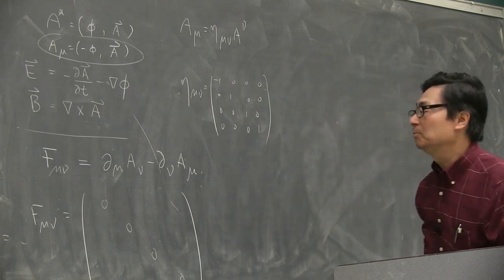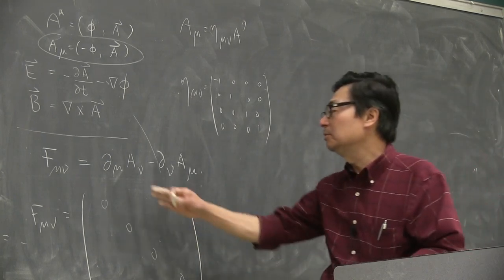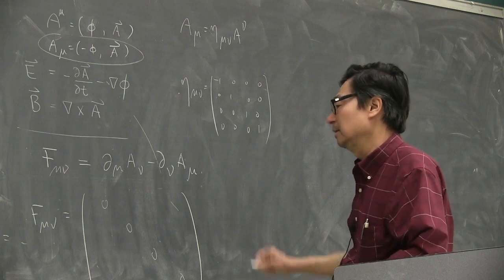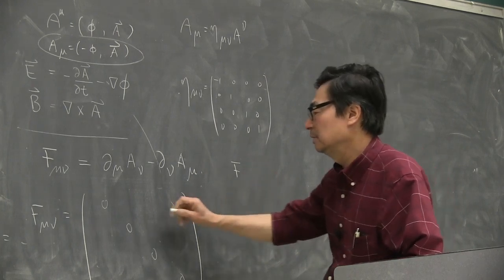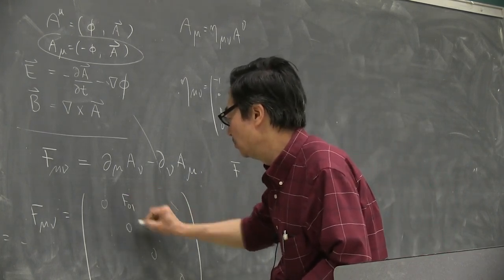And so now, if you use this equation for the A lower mu's, and then proceed to do all the derivatives, for example, you can calculate F. Here's F, this is F01, right?